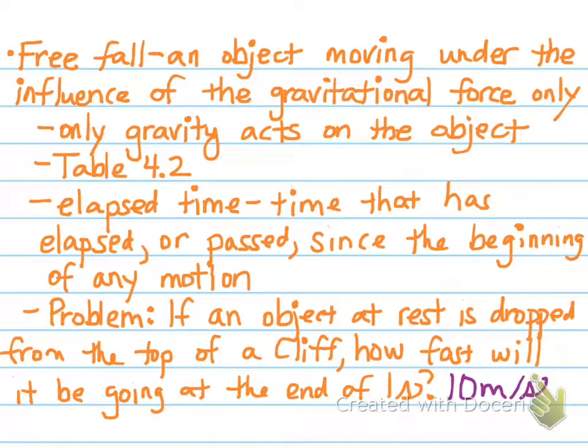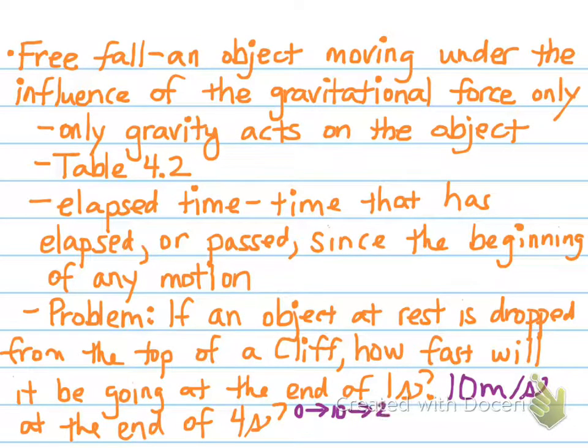So how fast would it be going, okay, at the end of 4 seconds? Right, so each second it falls, it picks up 10. So it starts at 0. After 1 second, it's going 10 meters per second.